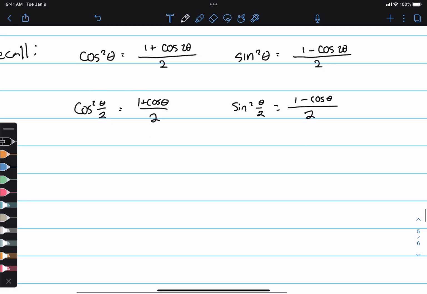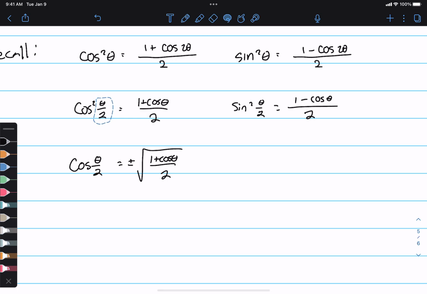So then, taking the square root, we get cosine of theta over 2 is the square root of 1 plus cosine of theta over 2. And again, this has to be plus or minus because we don't know what the sign is, right? We only have to tell from this angle, so you always use this angle to check whether it's plus or minus.